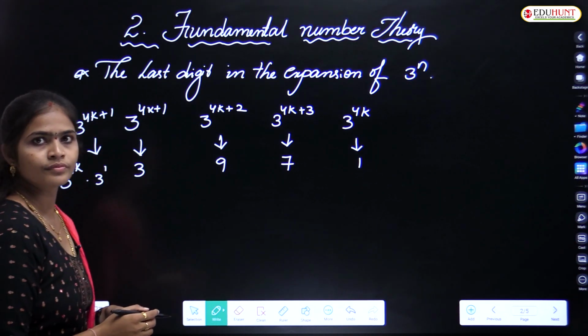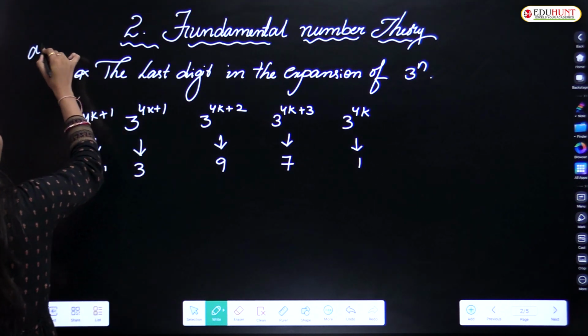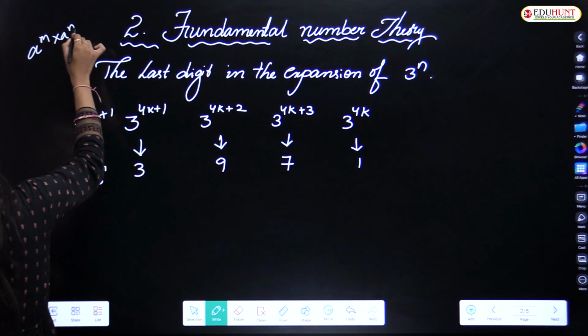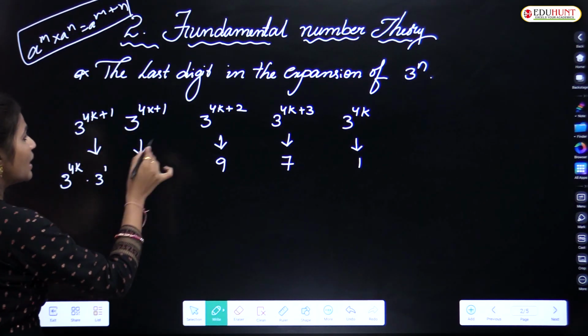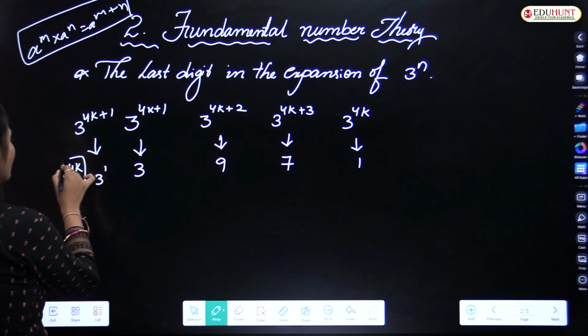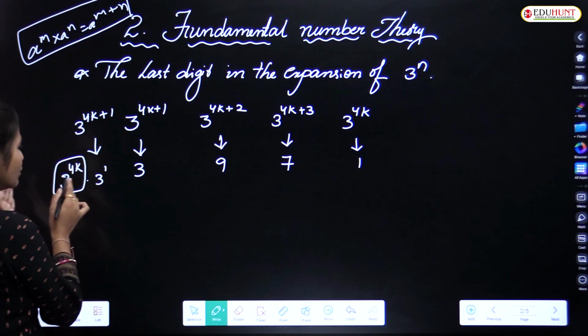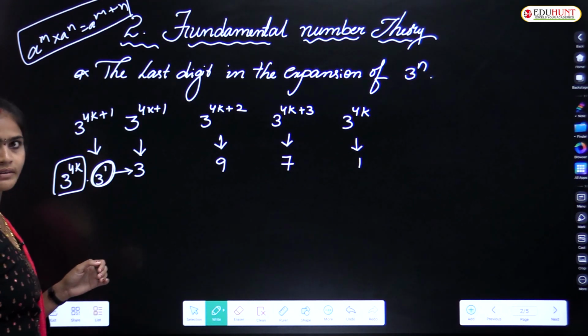Yes or no? In the number system concept I told you one formula, that is a power m into a power n is equal to a power m plus n. I use this formula here again. So 3 power 4k, whatever it may be, leave that value. Just consider 3 power 1, that value is equal to 3.